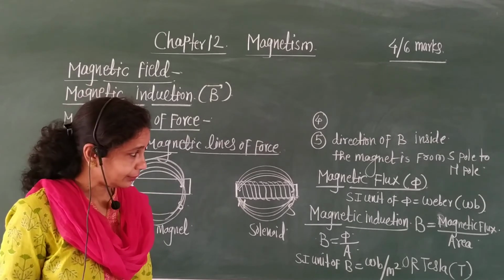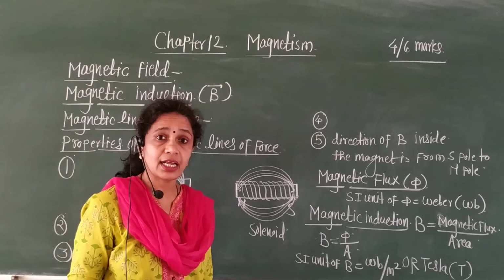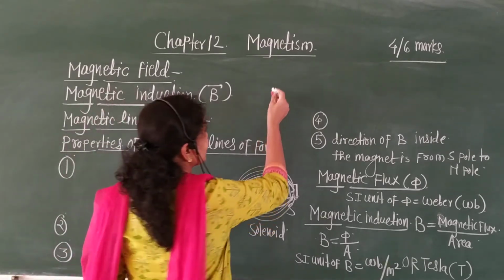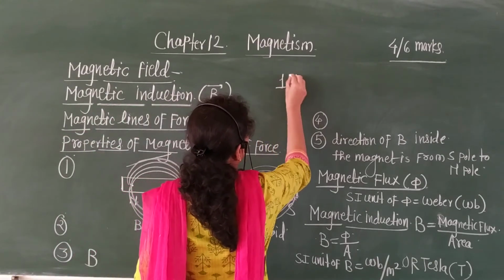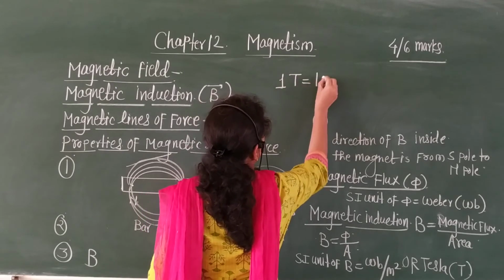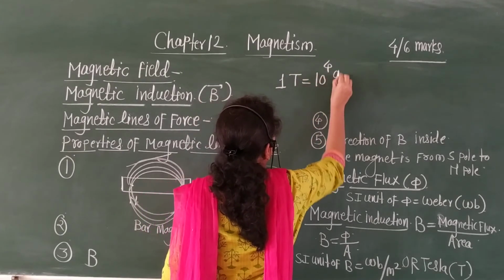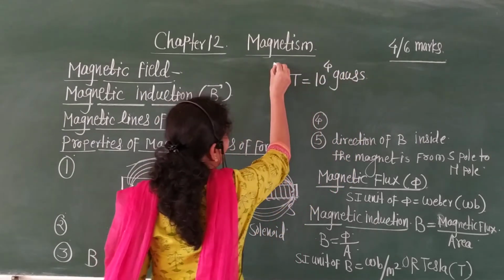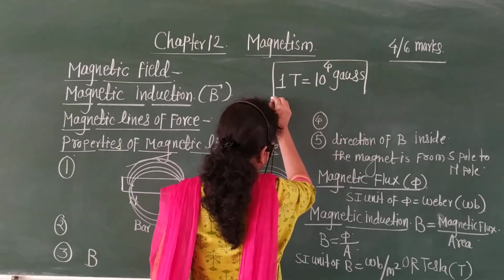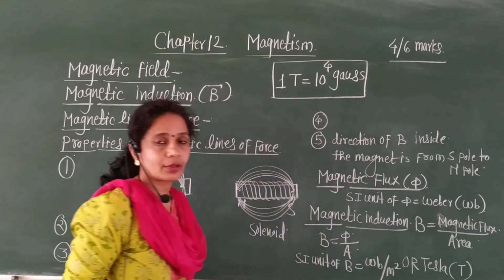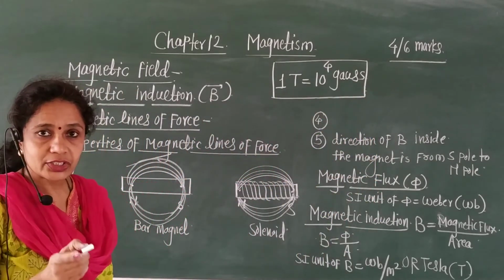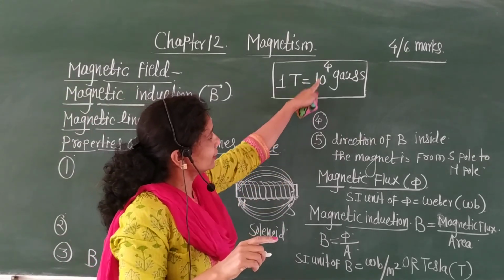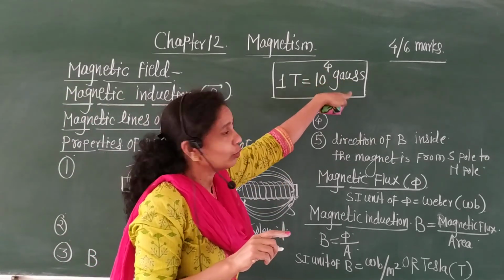Then what is 1 Tesla? 1 Tesla is equal to 10 raised to 4 Gauss. Here the relation is important. The relation between Tesla and Gauss is 1 Tesla is equal to 10 raised to 4 Gauss.